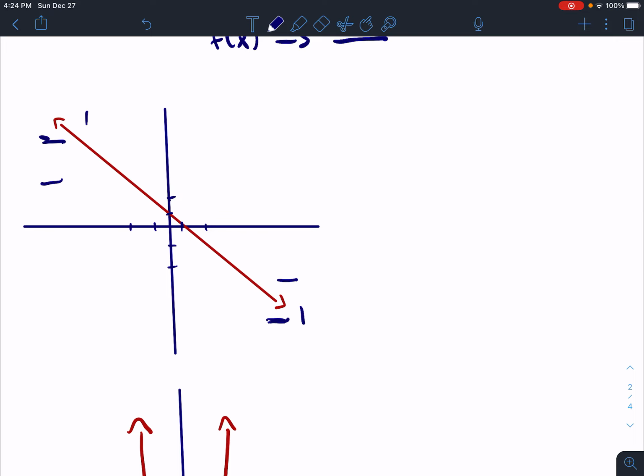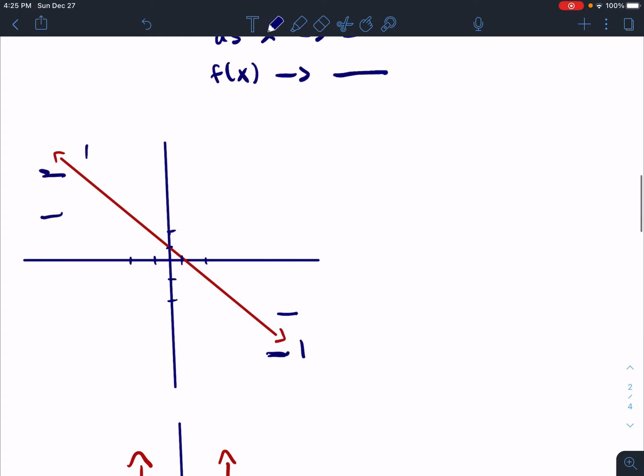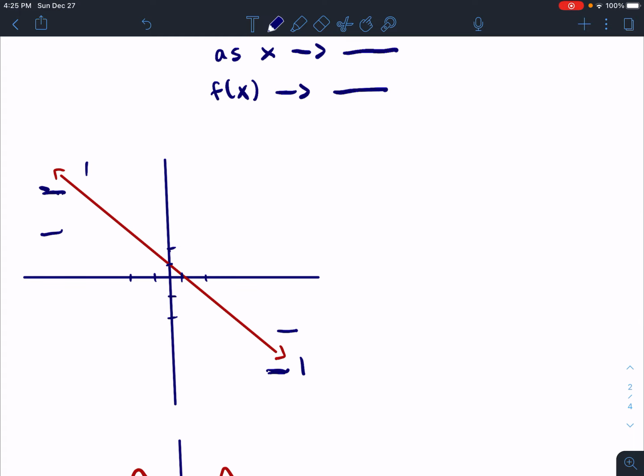So for this example, we can see that the x value is approaching -infinity because it's going to the left. So we would say as x approaches -infinity, f of x approaches, and for the y value, it's going up.